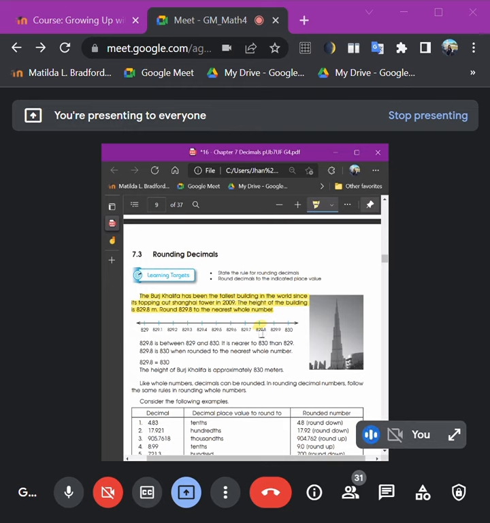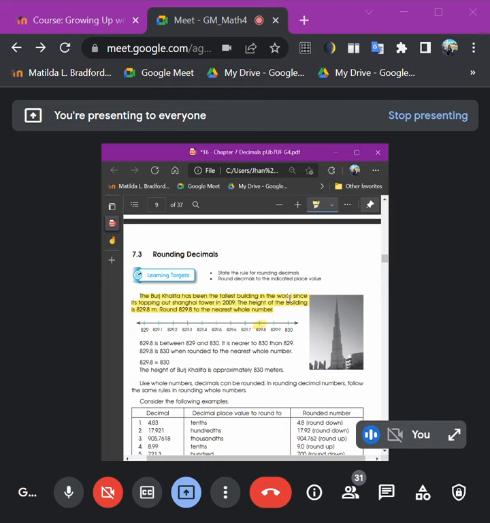So asa man ang whole number ana ato ang 829 and 8 tenths. So di ba ang ato ang whole number ana is kanang 829. And then kanang 8 nga nasa right side is that is for the decimal.